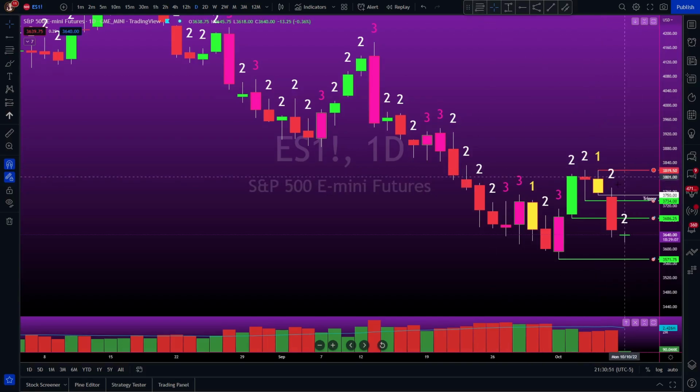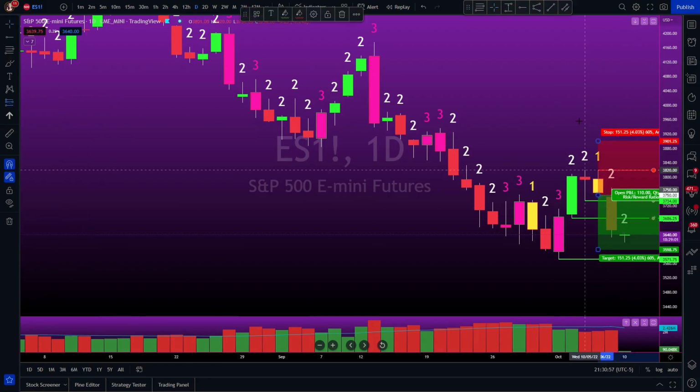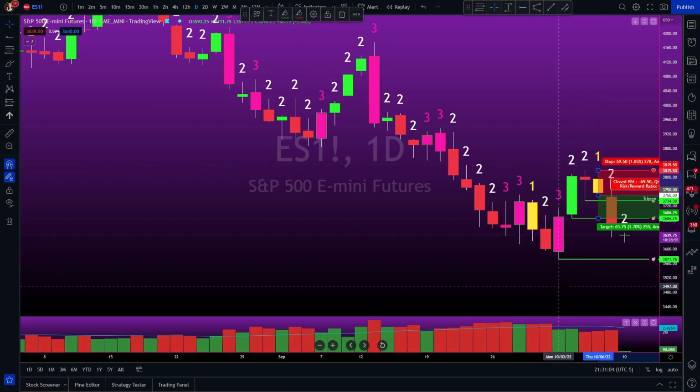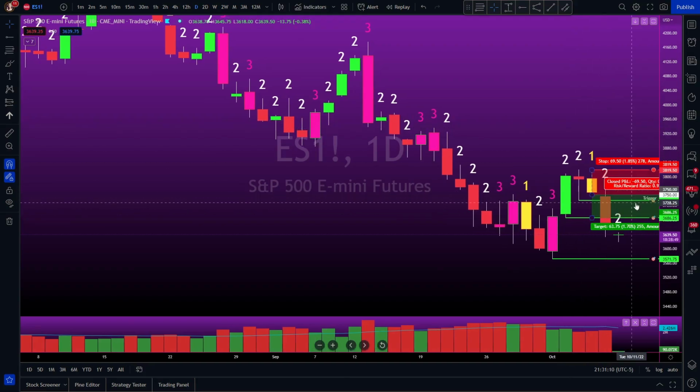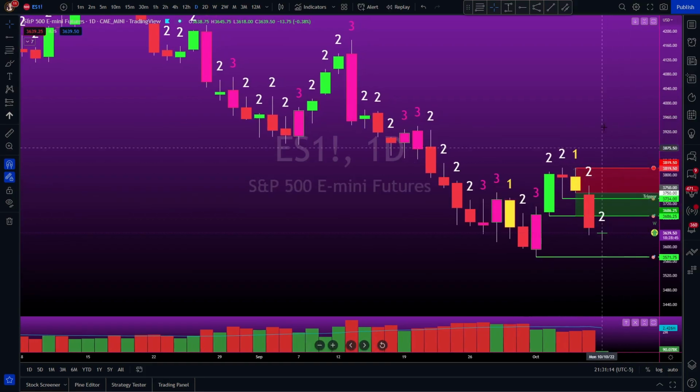All right, so let's see what the risk reward is. Let's say we would expect to hit this target because we know that this can move this much in a day. That's not a whole lot for the futures to move. So that is slightly less than 1 to 1.